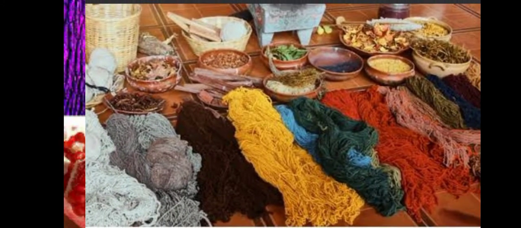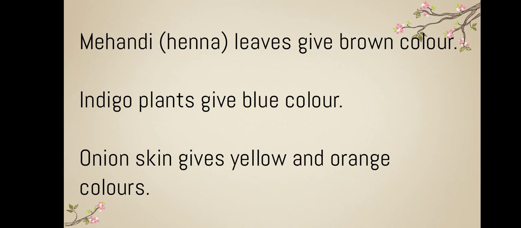Here you can see from roots, leaves and barks, you get different kinds of colors. Barks means the outer covering of trees and plants.